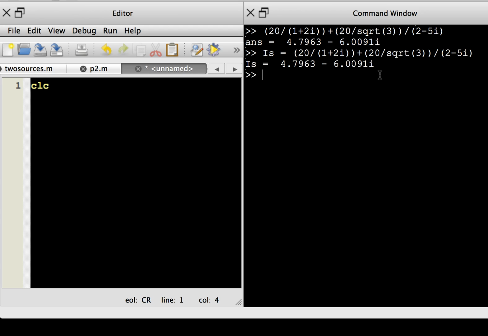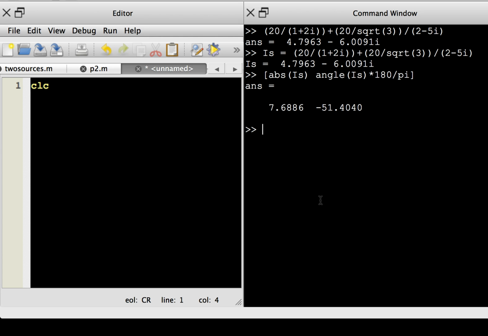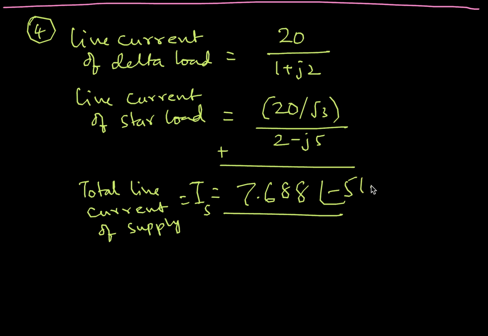So let's get the absolute value of IS and then the angle of IS times 180 divided by pi. So 7.68 and then minus 51.4 degrees.